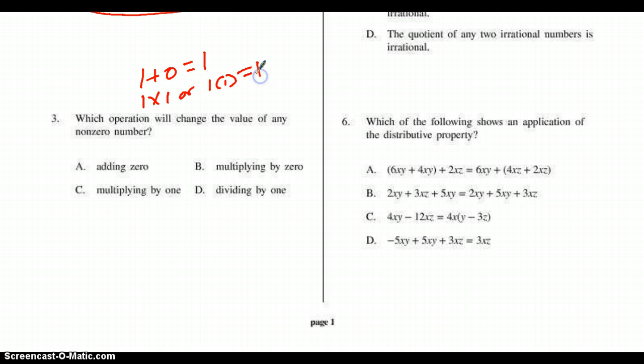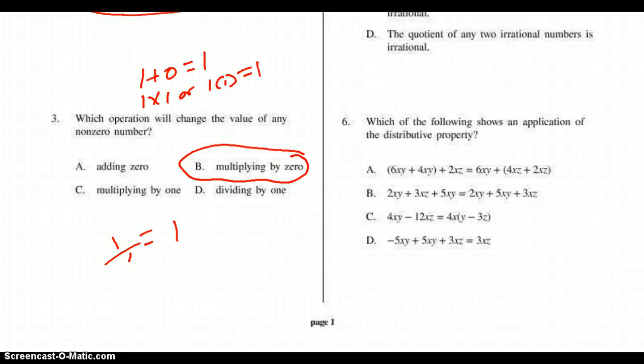That's going to be 1. Did not change the value. Then we have 1 divided by 1, which is 1. That did not change the value. The only one that changes the value is B. When we multiply by 0, the value changes to 0.